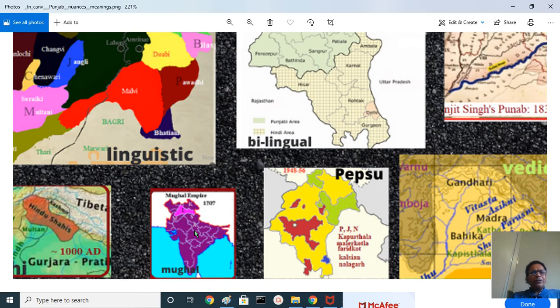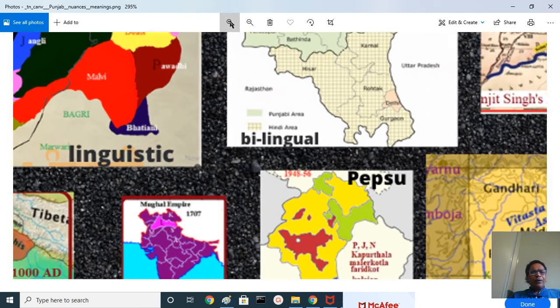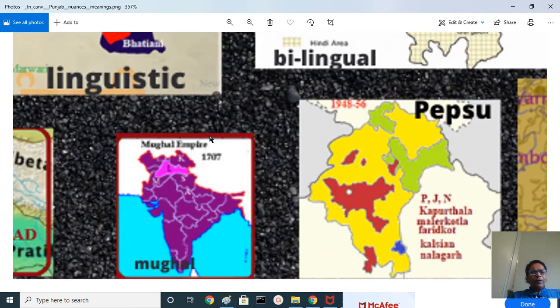These are the Subas of the Mughal Empire. Here I have highlighted Lahore, that's the major Suba, adjoining Kashmir Suba, adjoining Afghania, Kabul Suba, Multan Suba. This is also Sirhind Suba, centered around Ludhiana, Sirhind, Nabha, Patiala, and so on.